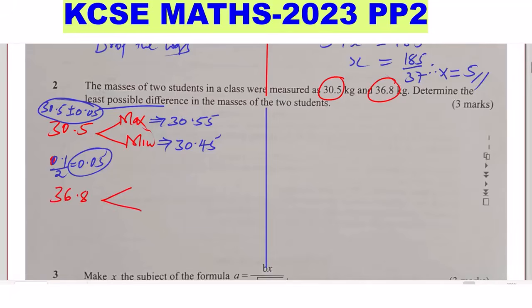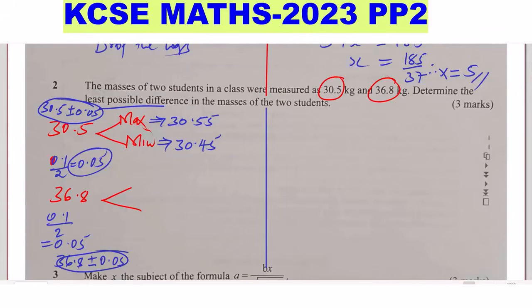So for 36.8, still the absolute error will be 0.05 because the smallest unit of measurement is 0.1. So 0.1 divided by 2 again gives 0.05. To get the limits under which this one lies, we simply take 36.8, then we plus or minus 0.05.